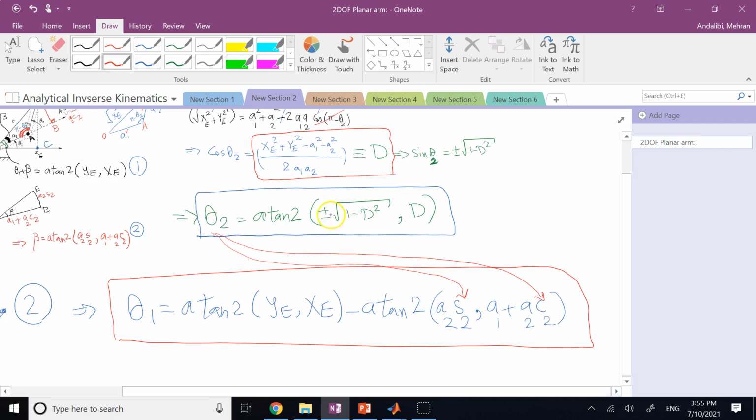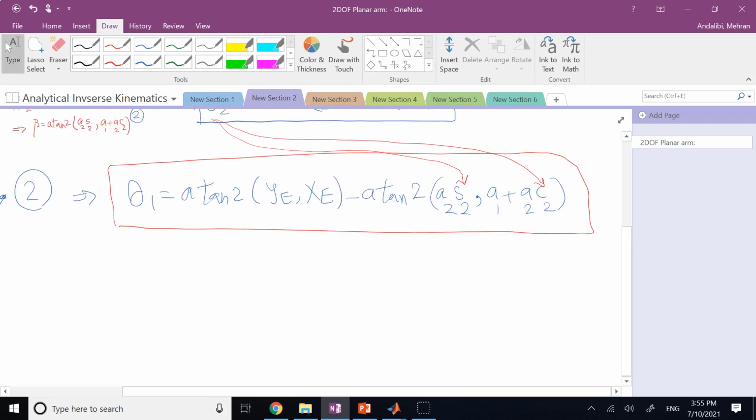Now, let's look at the number of solutions. As I said, the number of solutions is what? 2. There is a plus and a minus. So in general, there are what? 2 solutions. And what are those 2 solutions? So if this is my robot, and this is this point, and I can get to the point like this. Okay, so I can get to this green point, which is the desired end effector location.